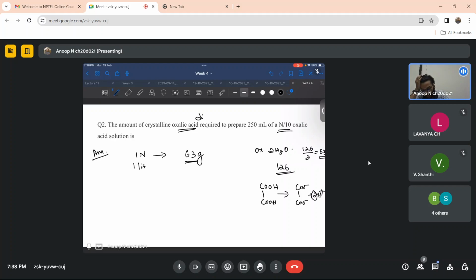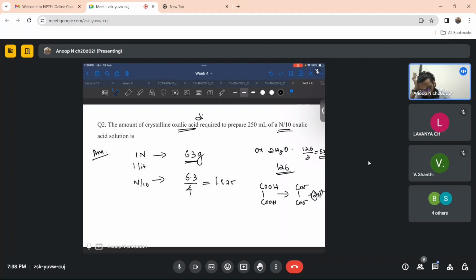So for preparing 250 ml of an N by 10 solution, you can divide by 4. 6.3 divided by 4. So how many grams is required? 6.3 divided by 4, 1.575. So is it clear?